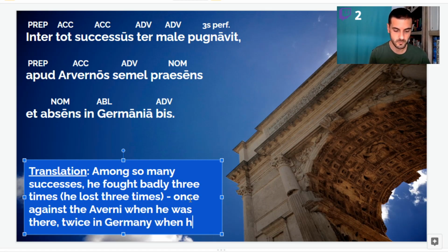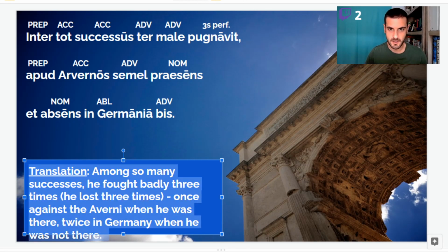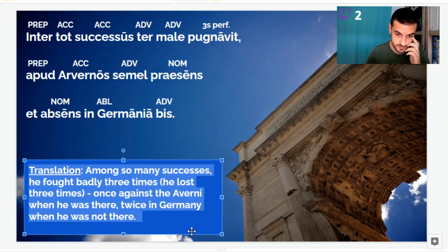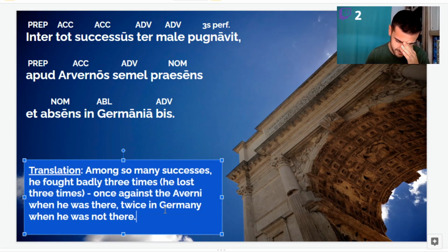Absanes, when he was absent, when he was not there. And I am not the biggest history buff to know exactly what those battles were called. I think one of them was like Diriacum, and I can't remember. But basically, Caesar is defeated 3 times. Once against the Averni when he was actually there, which is pretty embarrassing, and twice in Germany when he wasn't.